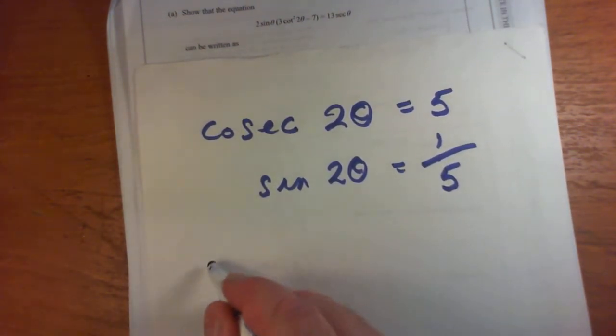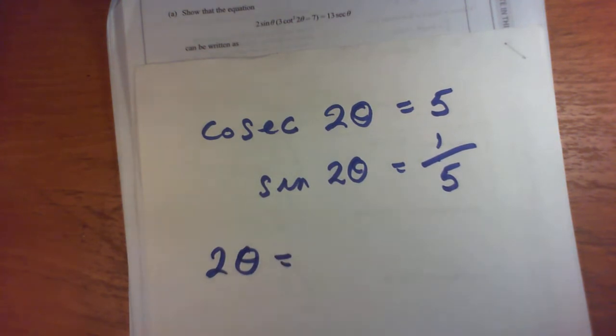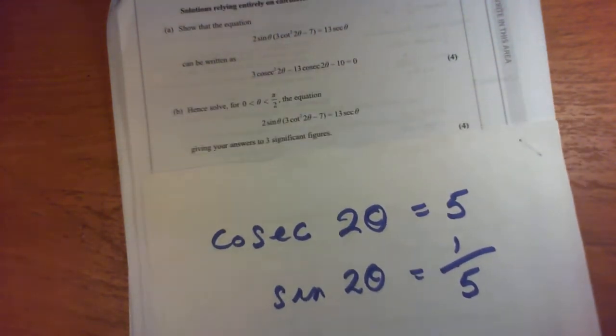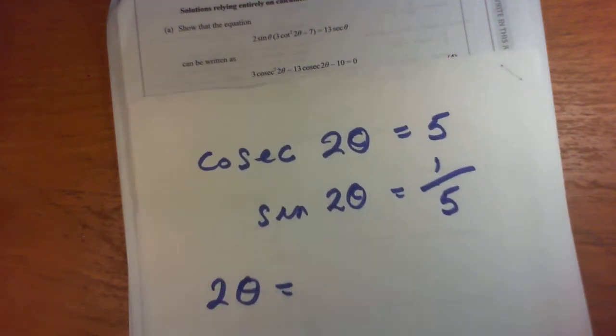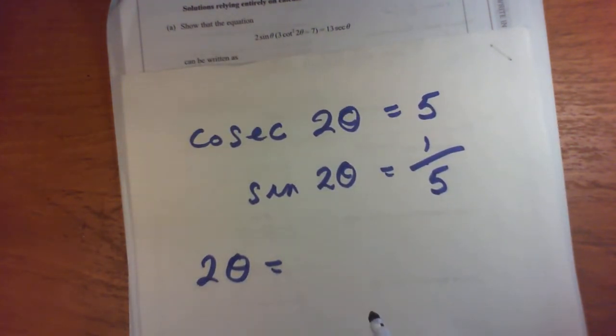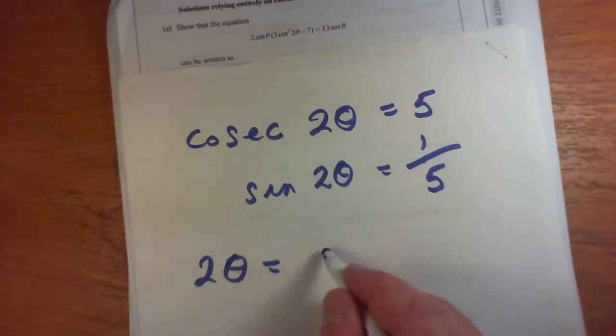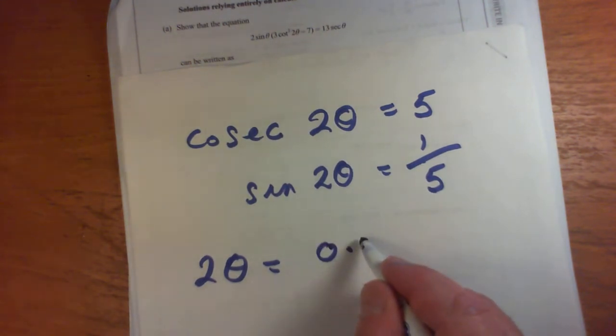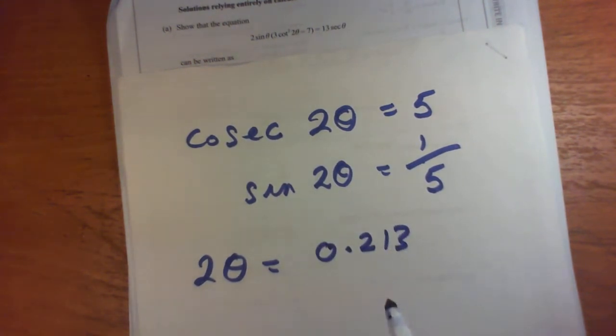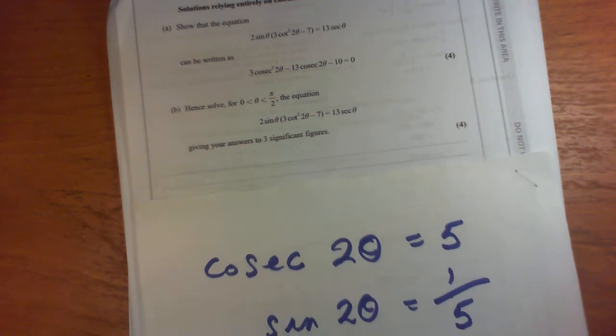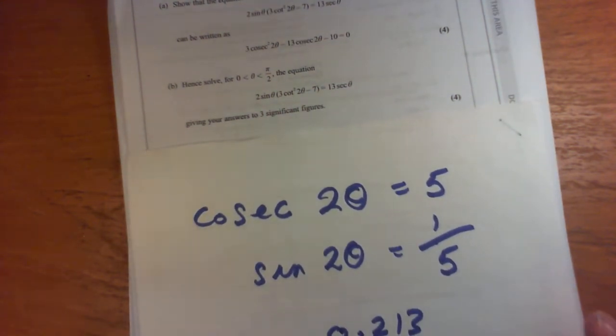And when you go from here, you then say 2 theta equals, if my memory serves me right, 0.